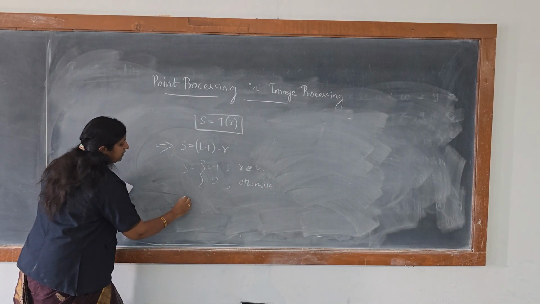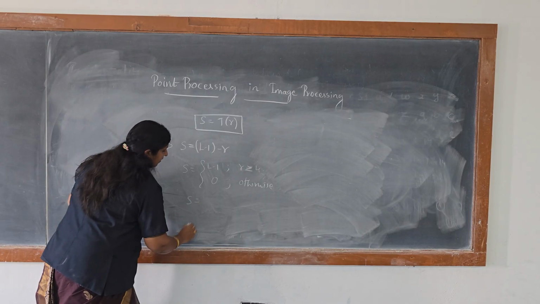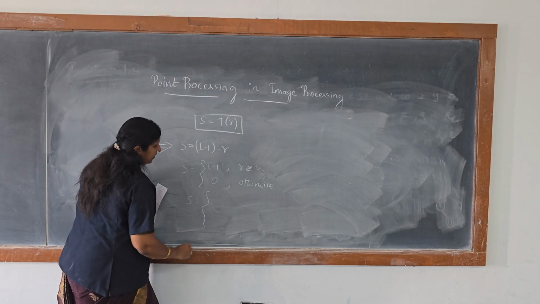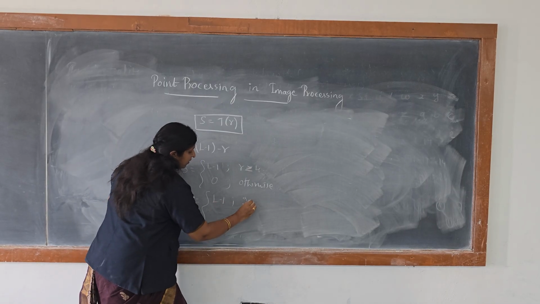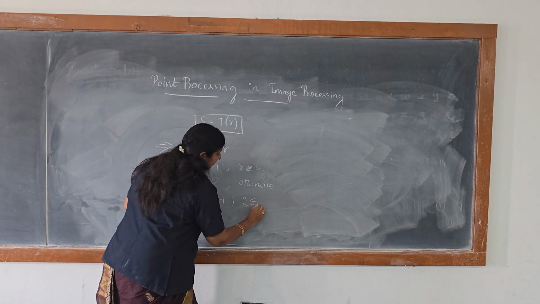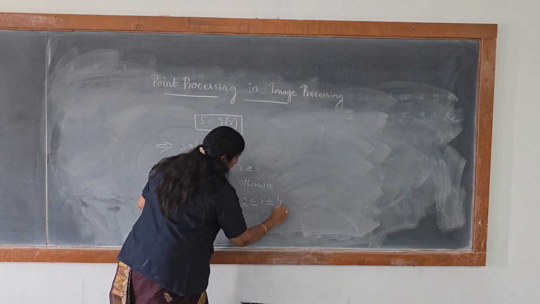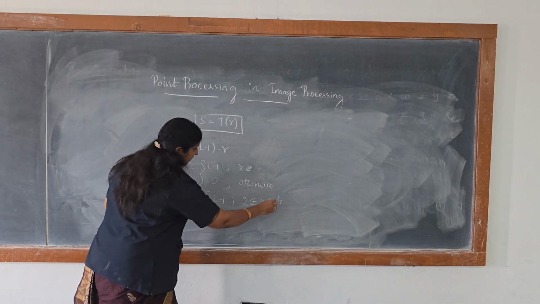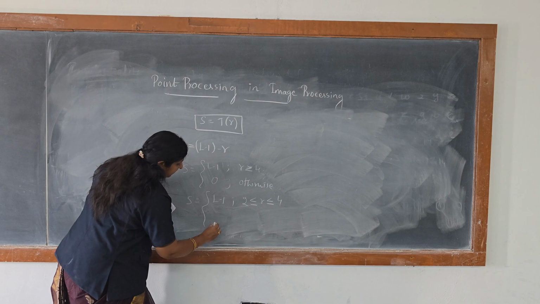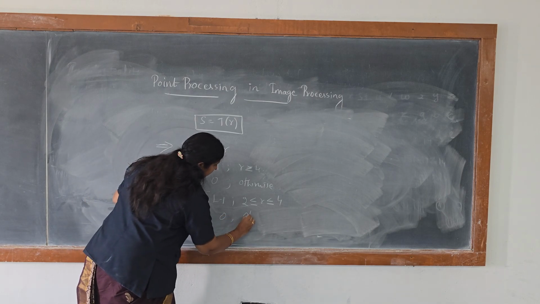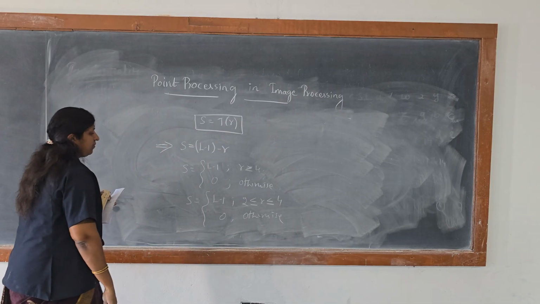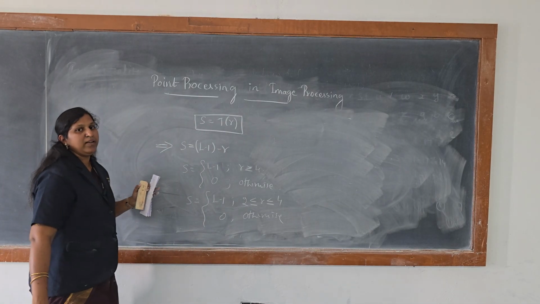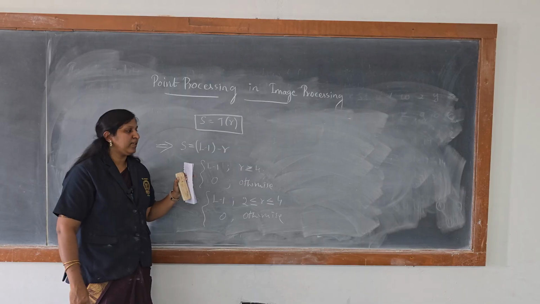The third method is clipping. Here we have used the relation S equals L minus 1 if the R value lies between 2 to 4 or 2 to 5, we can fix the value, and 0 otherwise. And finally, we have seen bit plane slicing.